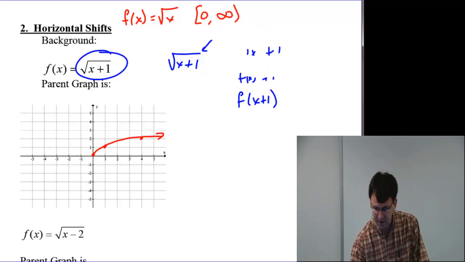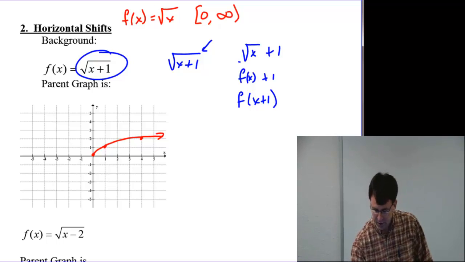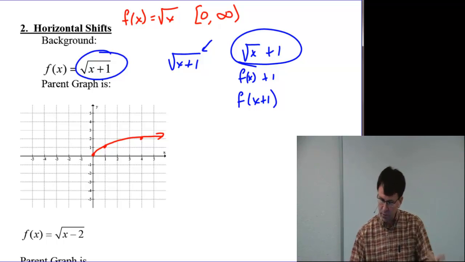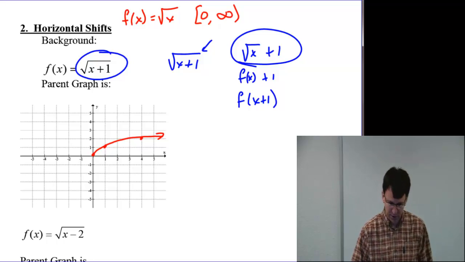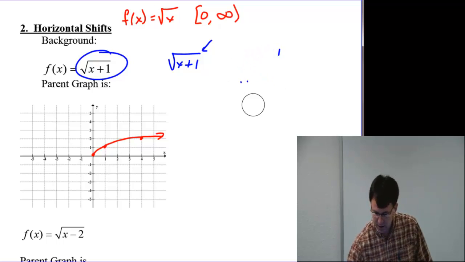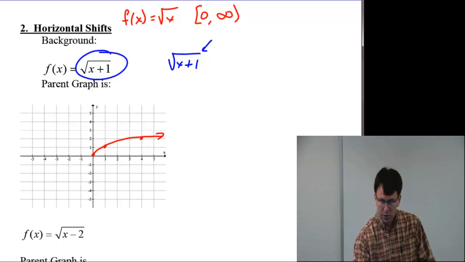If you see that outside one, that was the transformation we had just one moment ago, the up and down, the vertical shift. So let's get rid of these and come back to the task at hand. The square root of x plus 1: what would the domain be?